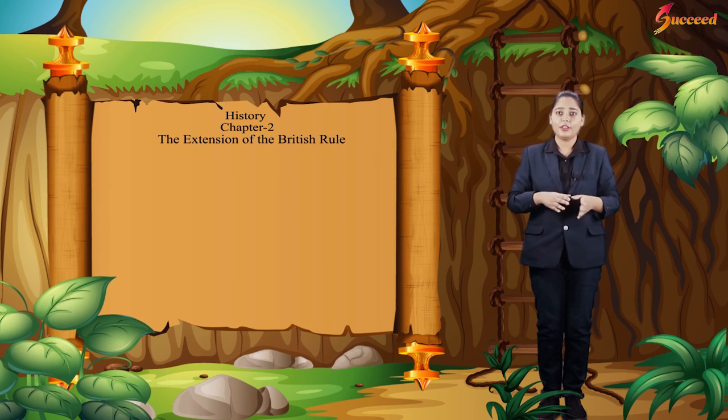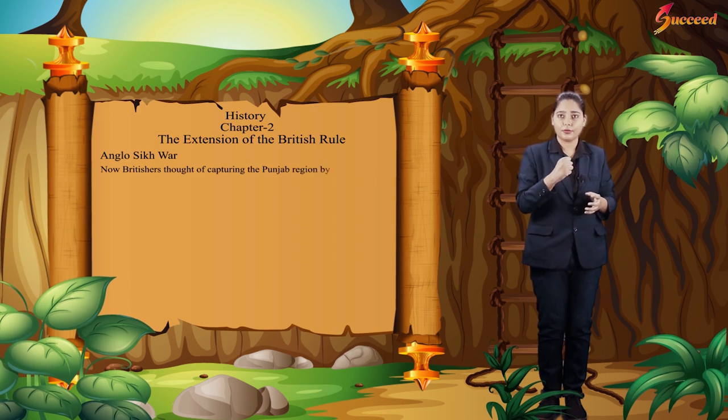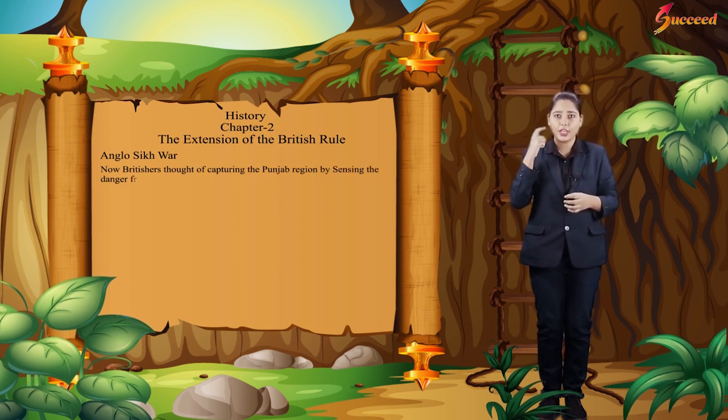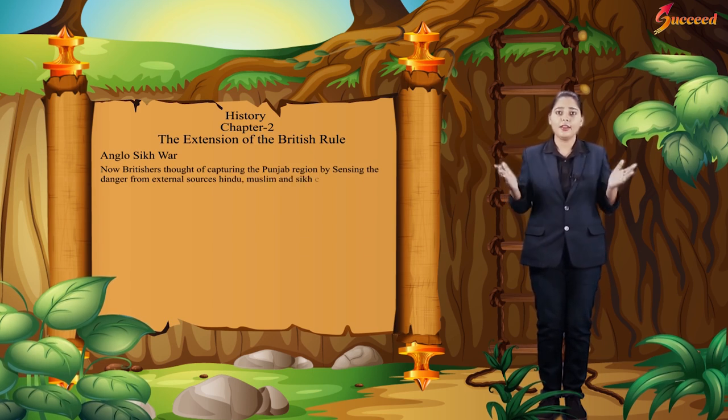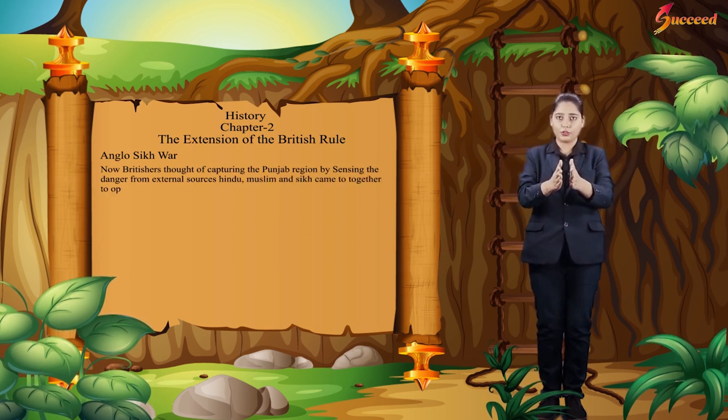Then came the next war, that is the Anglo-Sikh War. Now, the British thought of capturing the Punjab region. Sensing the danger from external sources, Hindus, Muslims and Sikhs came together to oppose them.